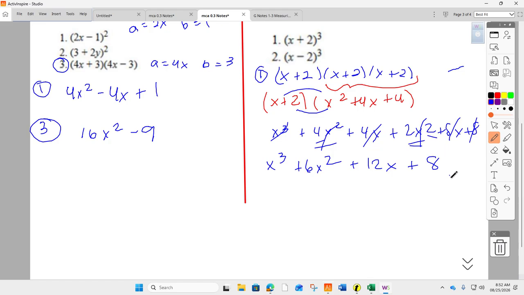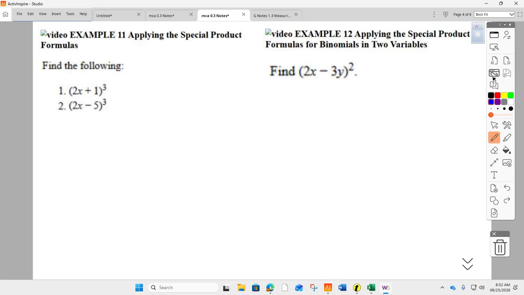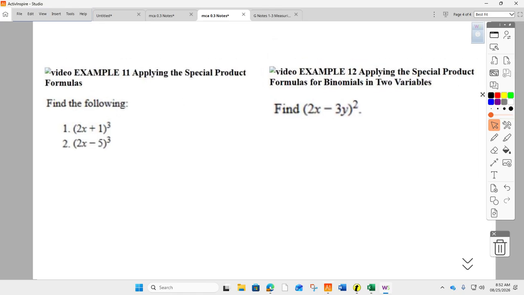All right. I'm not going to take the time to prove this. We don't have time to prove it. I'm just going to give you this formula for cubing. So if we're cubing a binomial that's a sum, we're going to write that as a plus b cubed.